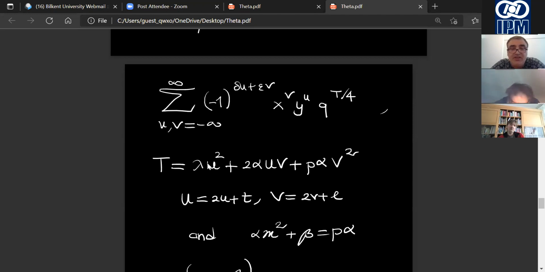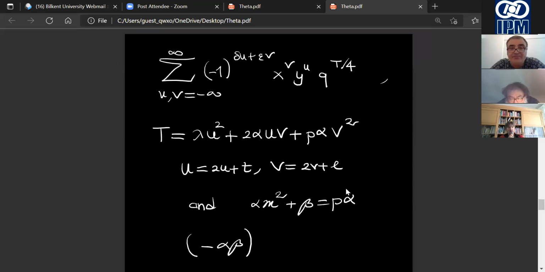And if you think of this as a quadratic form, and if you look at the discriminant, you see that the discriminant is minus alpha beta. So what we do with this restricted quadratic form, we first diagonalize this. So we write this as a sum of products of theta functions. So that's the first aim.